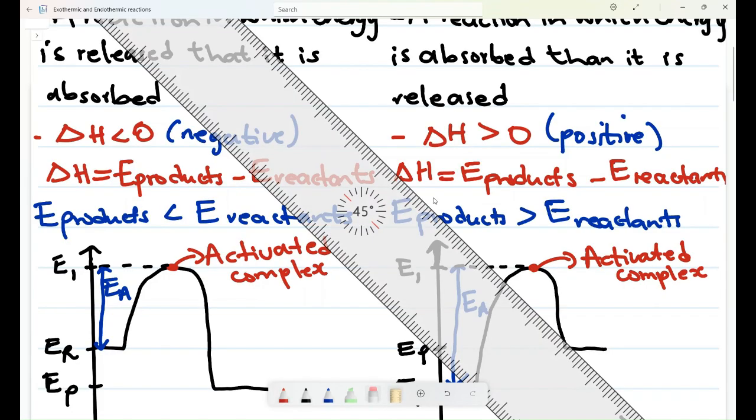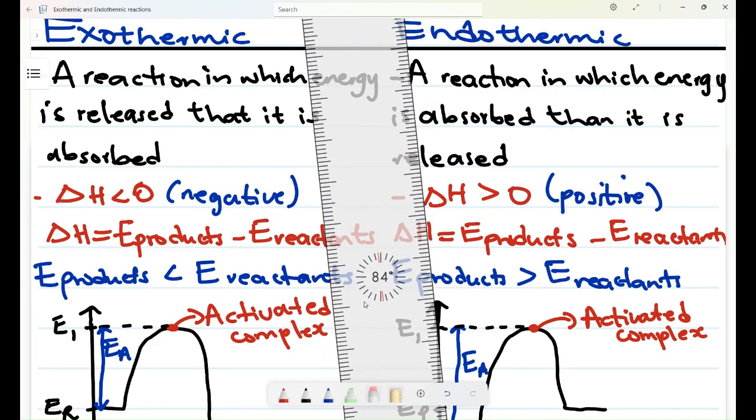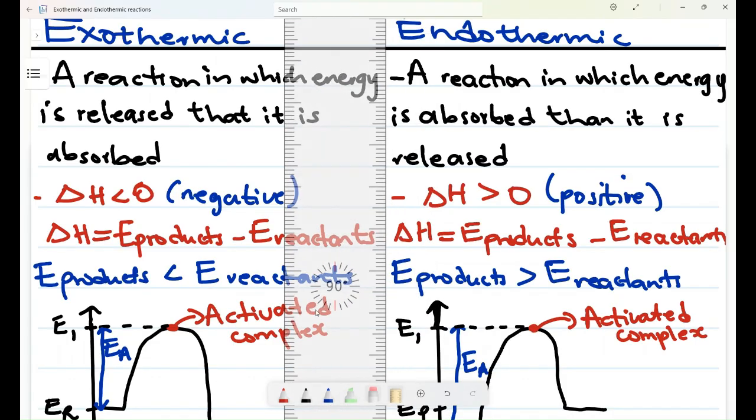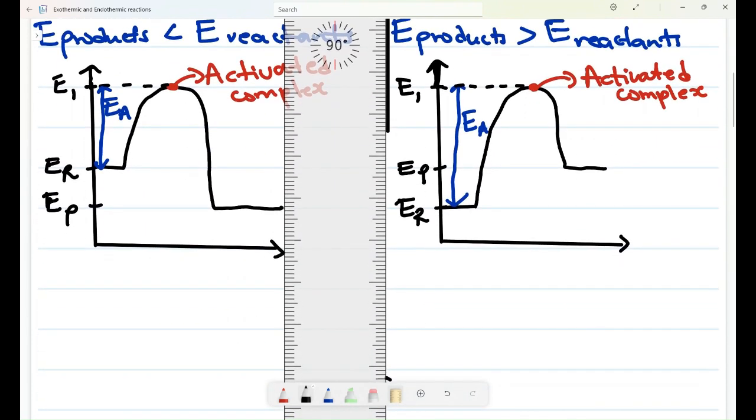I'll try to redraw it using a ruler. Even though it won't be perfect, it's fine. Okay. Yes, perfect.